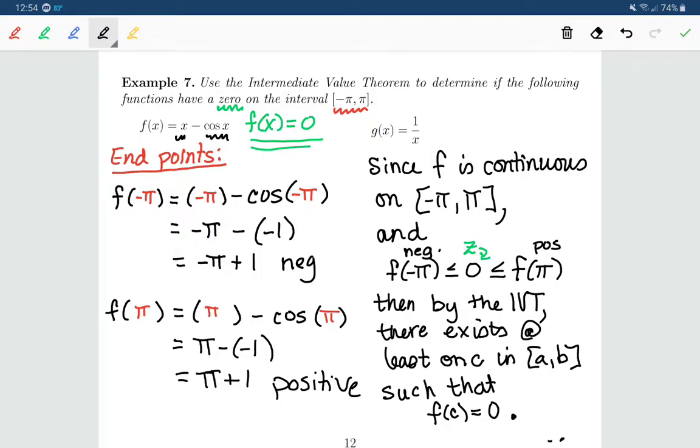Again, I don't know how many c's there are or where that c is, but the intermediate value theorem does guarantee its existence.